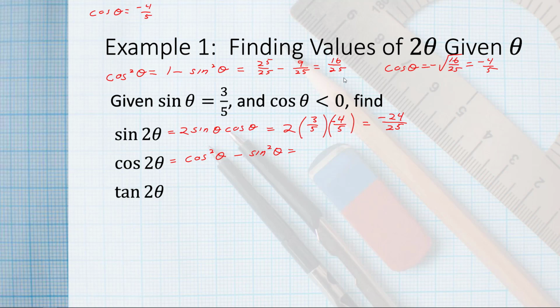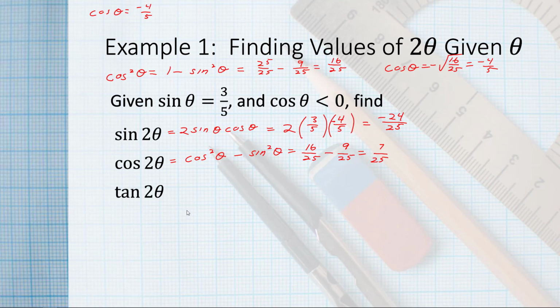Well, cosine squared theta is 16 over 25. We've already figured that out. Minus, and sine squared theta is going to be 9/25. And 16 minus 9 is 7. And we'll have 25 down here. So here we have the cosine of 2 theta is 7/25.